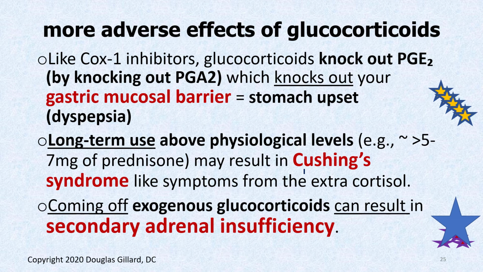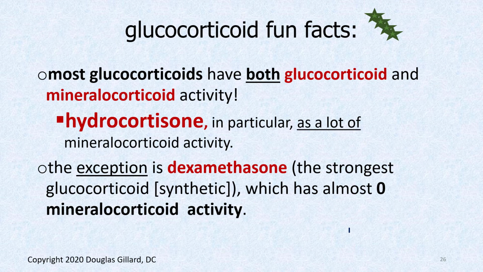It's a Cushing's syndrome-like thing caused from exogenous glucocorticoids, but nevertheless, you can get Cushing's syndrome type effects from long-term use of glucocorticoids. Also, coming off the glucocorticoids, we talked in depth about adrenal insufficiency, right? Because all your machinery is shut down when you come off, and that can be tough to get your machinery working again.